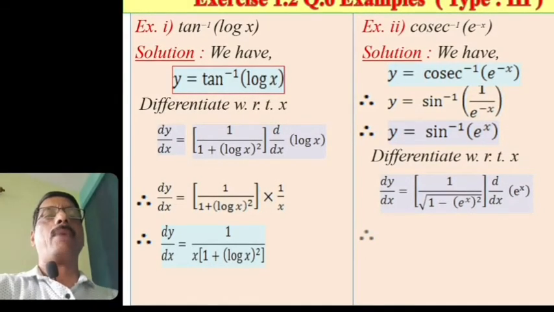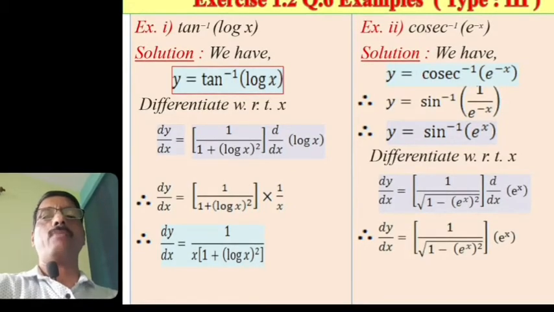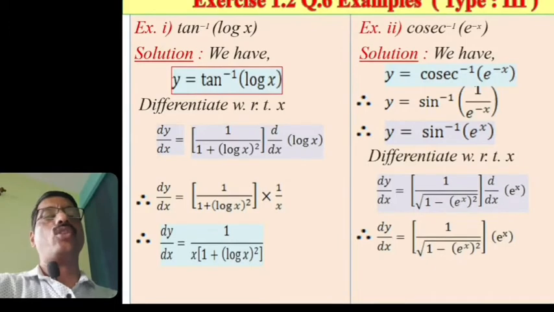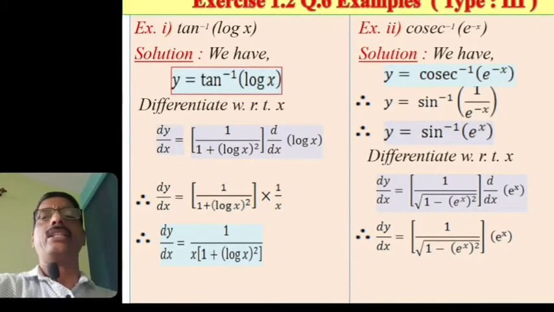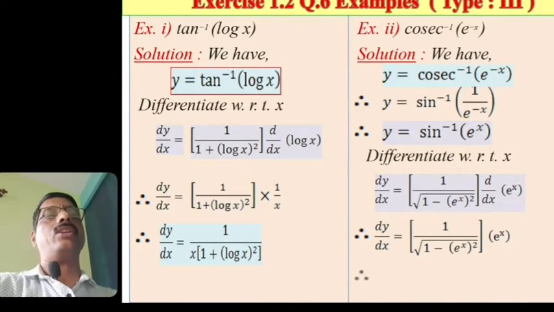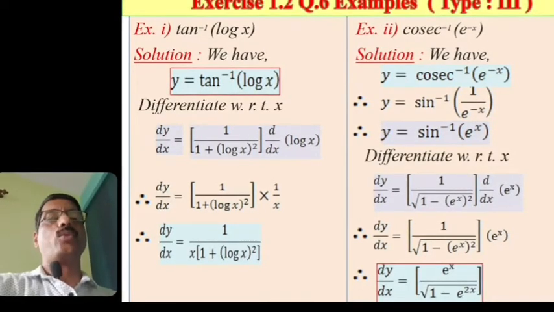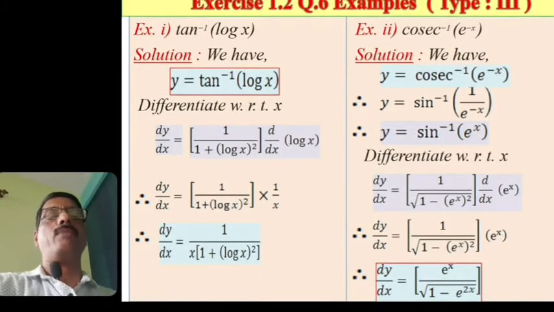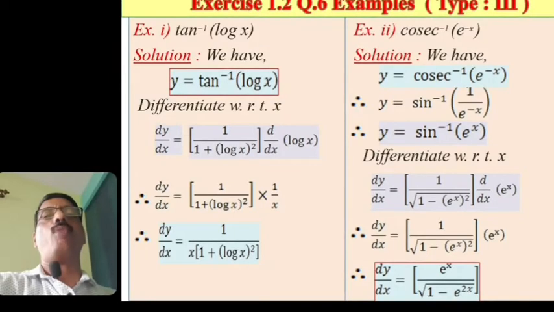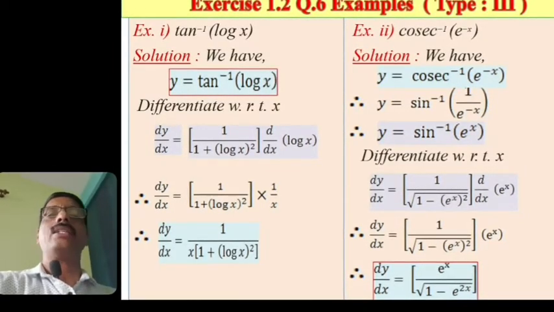Therefore, dy by dx equal to 1 upon root of 1 minus e raised to x bracket square into derivative of e raised to x as it is, that is e raised to x. Only rearranging the terms, dy by dx equal to e raised to x upon root of 1 minus e raised to x bracket square. That is the derivative of the given function cosec inverse of e raised to minus x.